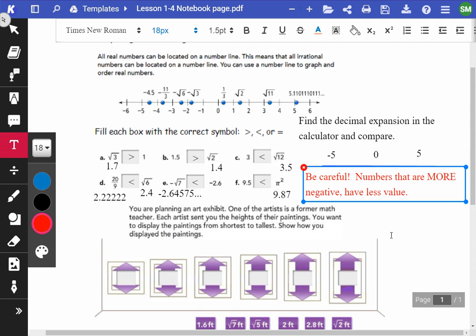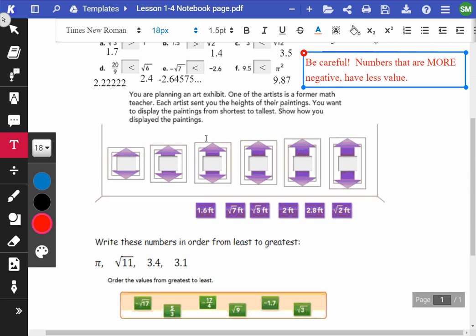Okay, so coming down here, we're planning an art exhibit. One of the artists is a former math teacher. Each artist sent you the heights of their paintings. You want to display the paintings from shortest to tallest. Show how you displayed the paintings. Okay, I got 1.6 feet. I'm going to use a text box again and put 1.6.